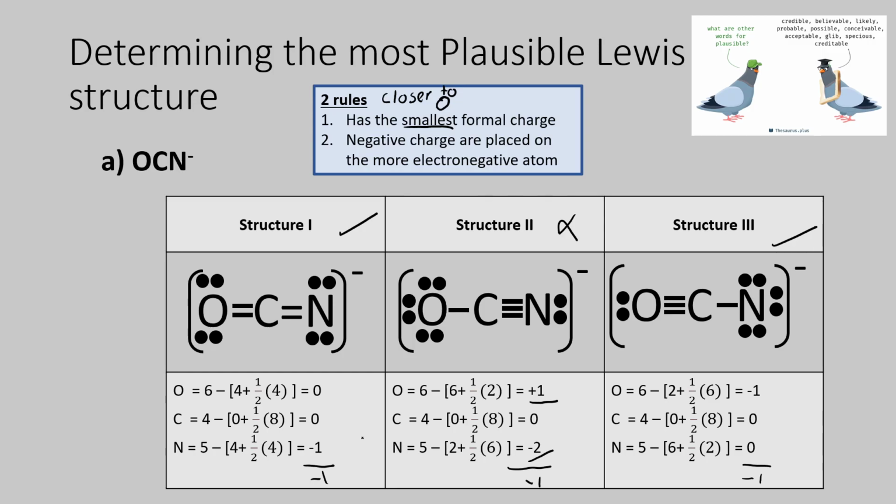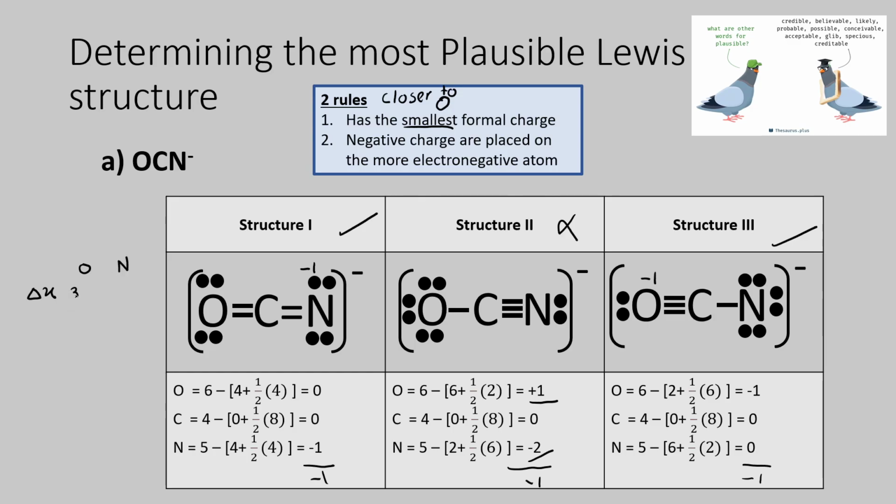So which one is the more plausible Lewis structure? So kita tengok apa beza dia. So untuk structure 1, negative charge is on nitrogen, while untuk structure 3, negative charge is on oxygen. So awak tengok, saya bagilah electronegativity value of oxygen and nitrogen.